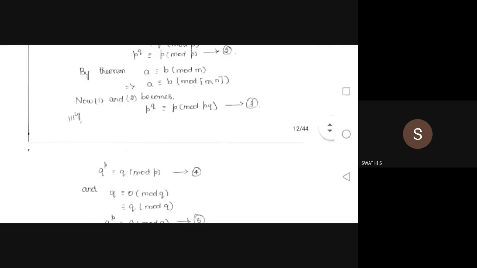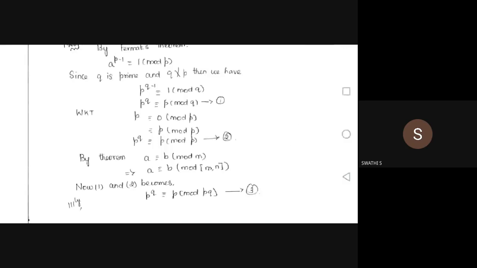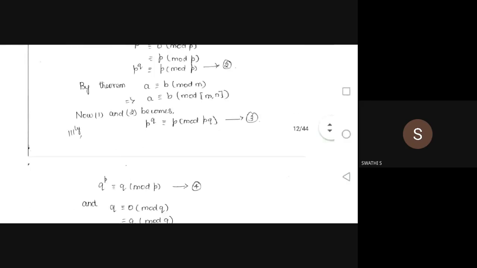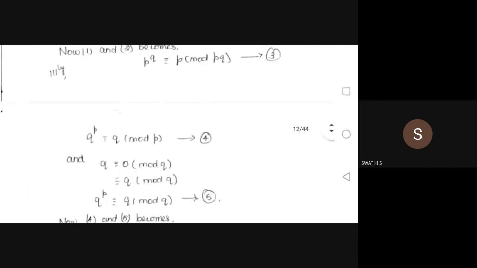Then similarly, by the same process applied, we can get Q power P is congruent to Q mod P. This is equation 4. And Q is congruent to 0 mod Q. Obviously, when Q is divided by Q, we get the remainder 0.